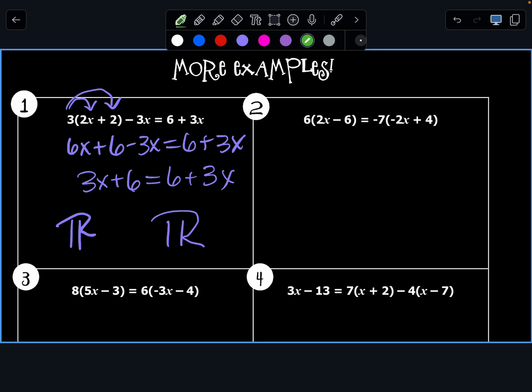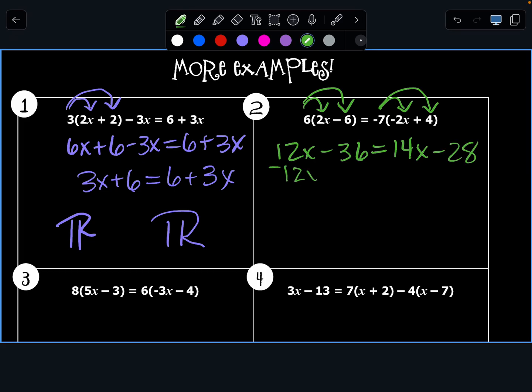Okay, let's do 2. 6 times 2x is 12x. 6 times negative 6 is negative 36. Equals negative 7 times negative 2? 14. Negative 7 times 4? Negative 28. Okay, let's get our x's together.